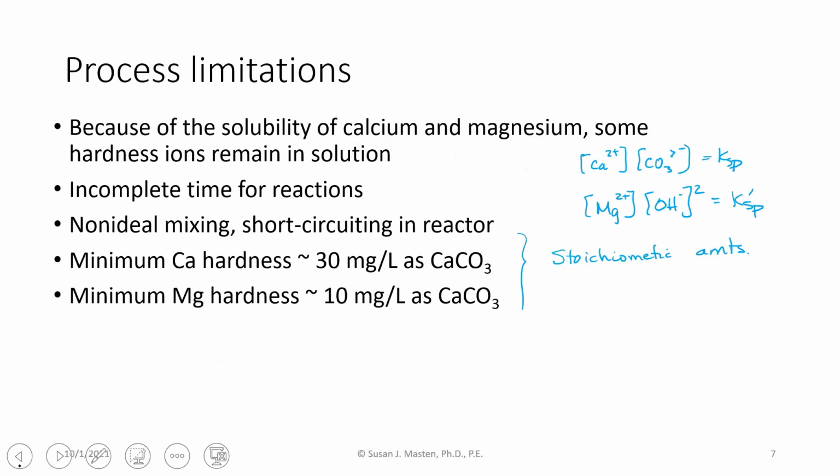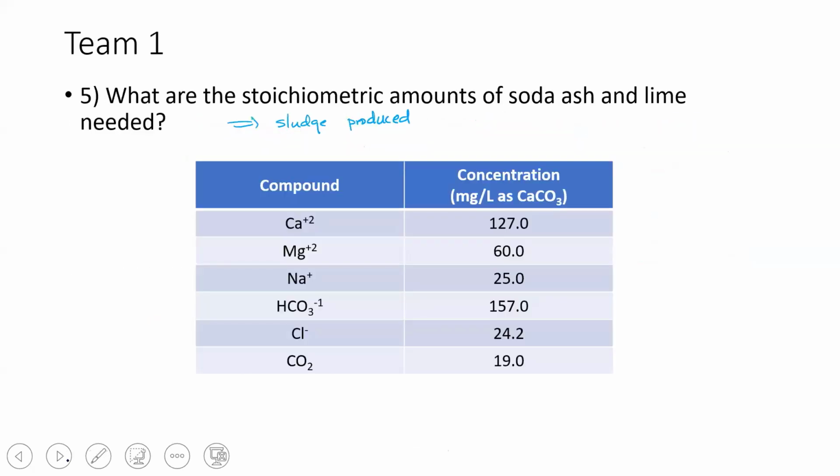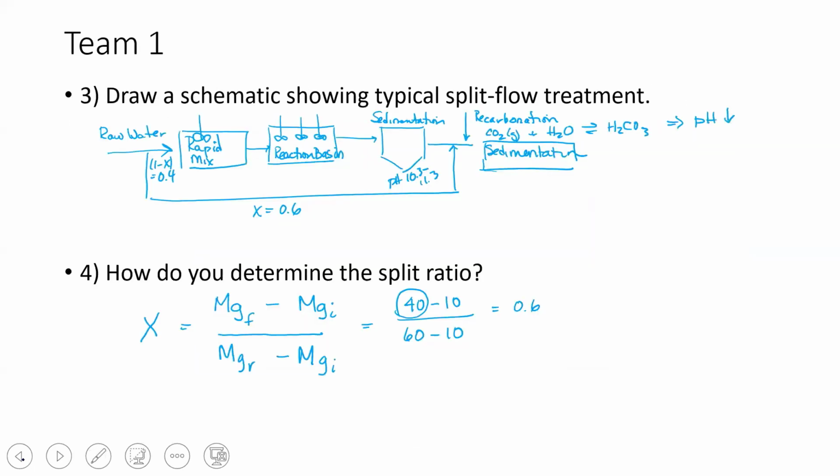That comes from the fact that at concentrations greater than 40 milligrams per liter, we tend to have problems with the magnesium precipitating out on heating elements. We could reduce it more, but it just costs us more. And you'll see that in just a little bit when we go through the stoichiometry.